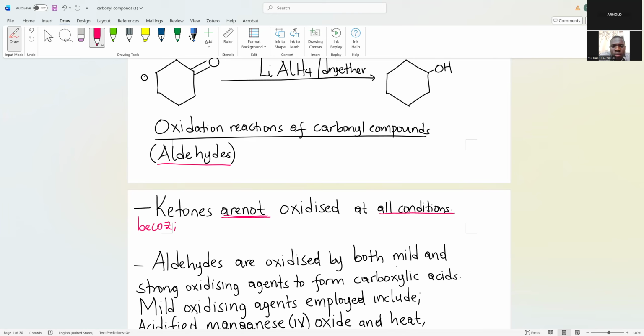First of all, earlier on we saw that they are very stable as compared to aldehydes. I explained this previously.